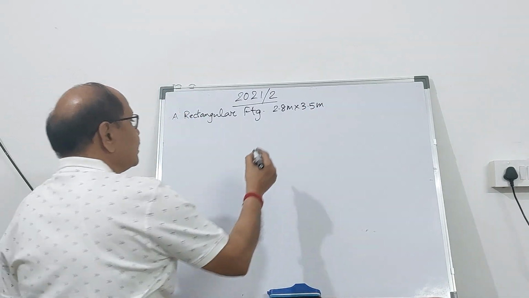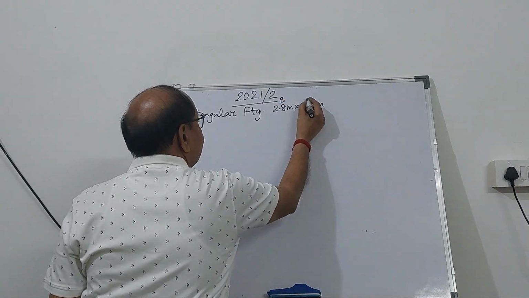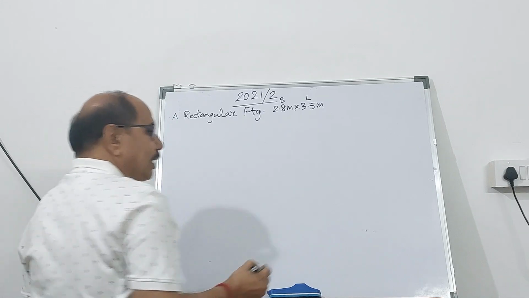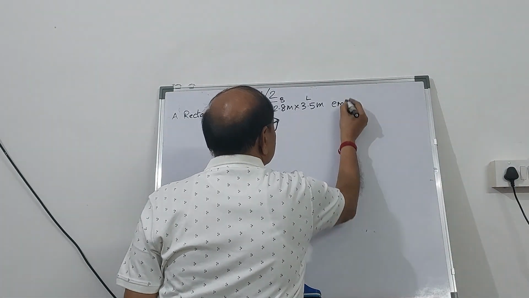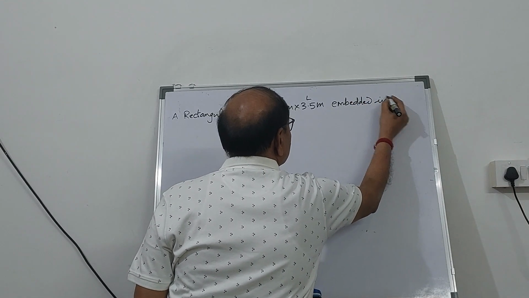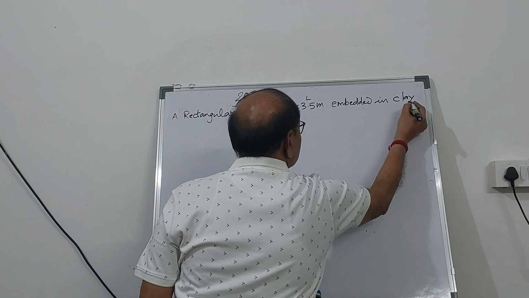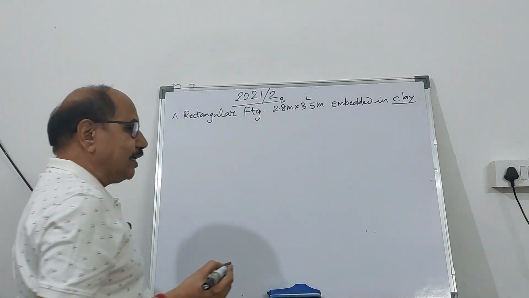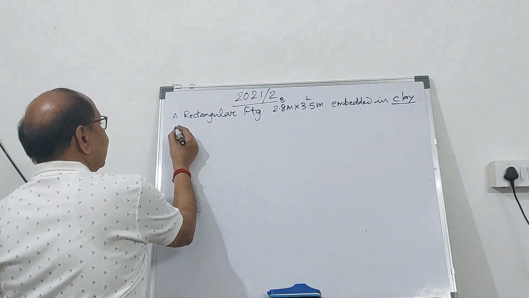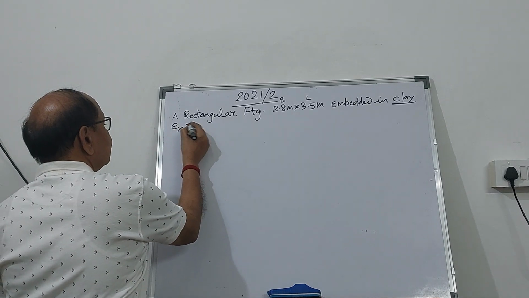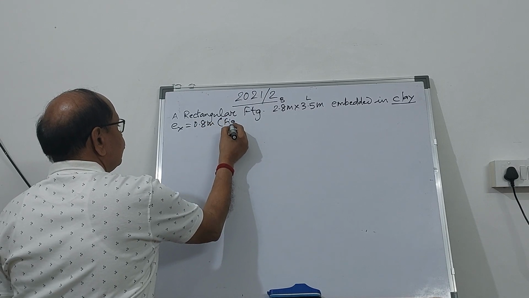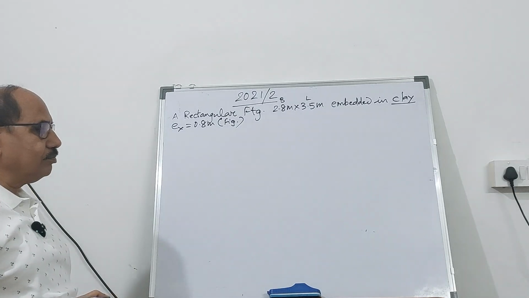That means B is 2.8 and L is going to be 3.5 meter, embedded in clay. So it is embedded in clay bed, and the eccentricity in x direction is 0.8 meter as shown in figure. Figure is given in the problem.